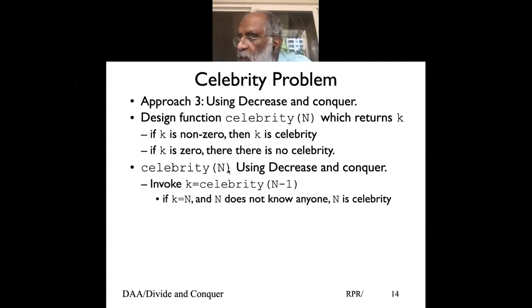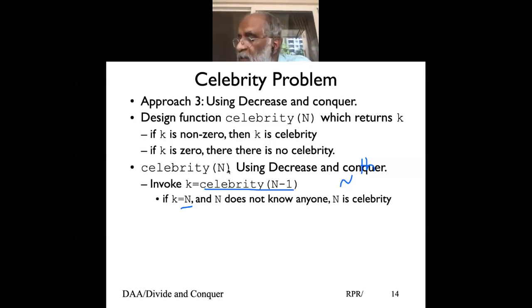If k is equal to n, let's say celebrity returns the value n, that means n minus 1 people know the nth person, but we need to make sure the nth person does not know anybody. To check that, we need to ask n questions.